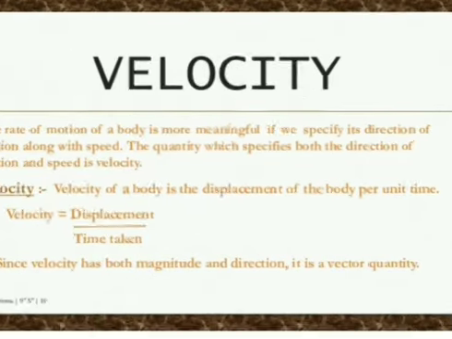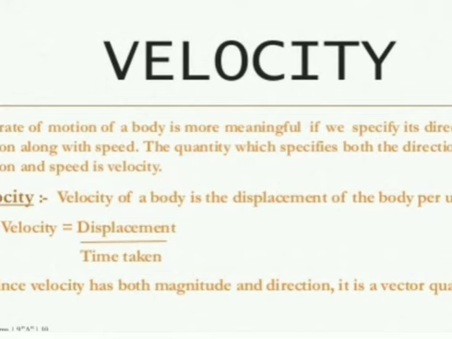Then velocity. There is a minute difference between speed and velocity. In case of speed, we are taking distance upon time, and in case of velocity, we will take displacement upon time. The rate of motion of a body is more meaningful if any specific direction is expressed.